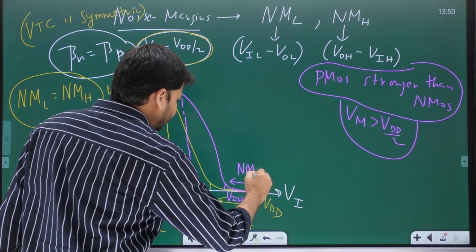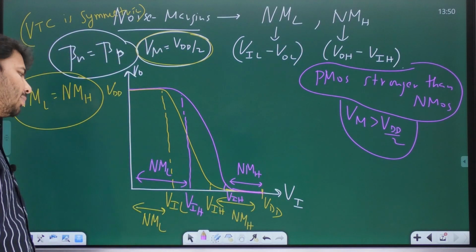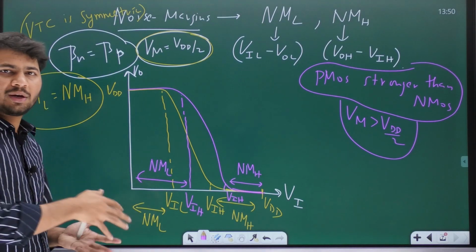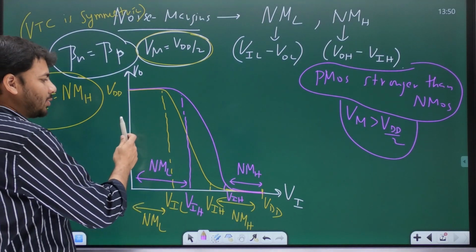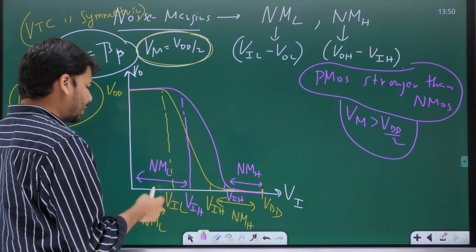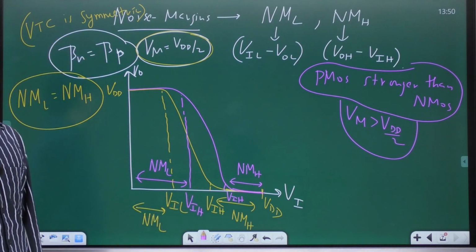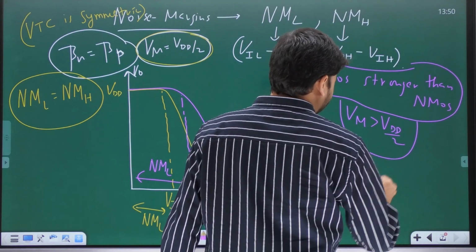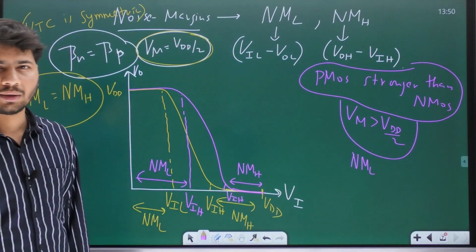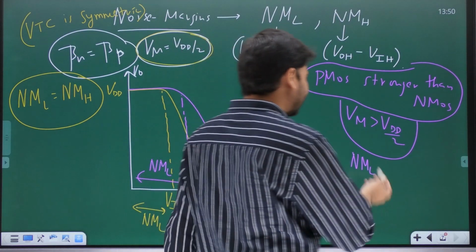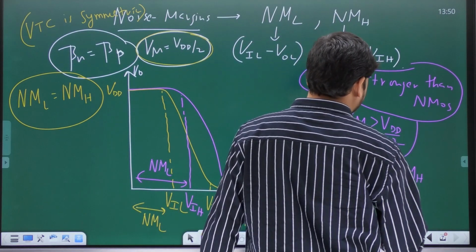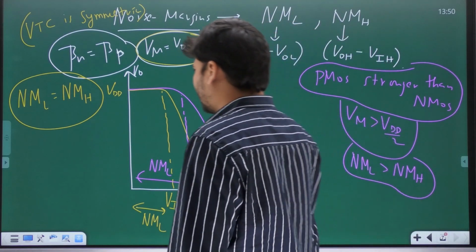This is NMH. Just look at NML and NMH and tell me, are they identical or is NML greater than NMH? Because the VTC is getting shifted to the right, obviously NML becomes greater than NMH. So in this case, the two noise margins are no longer identical. The noise margin on the low side will be greater than the noise margin on the high side.